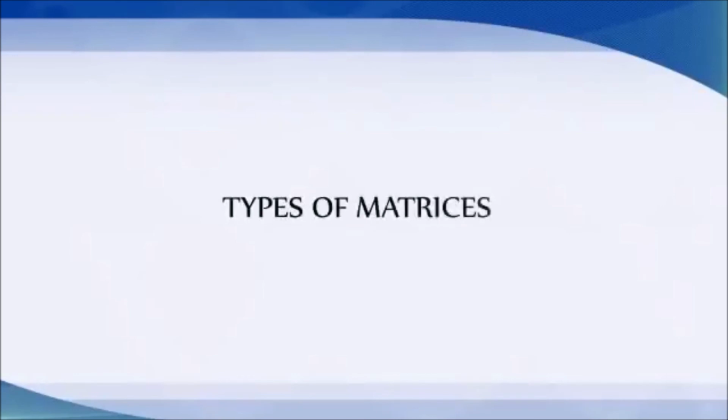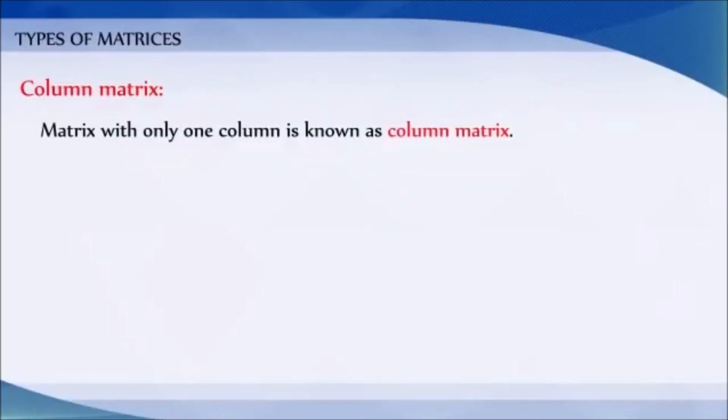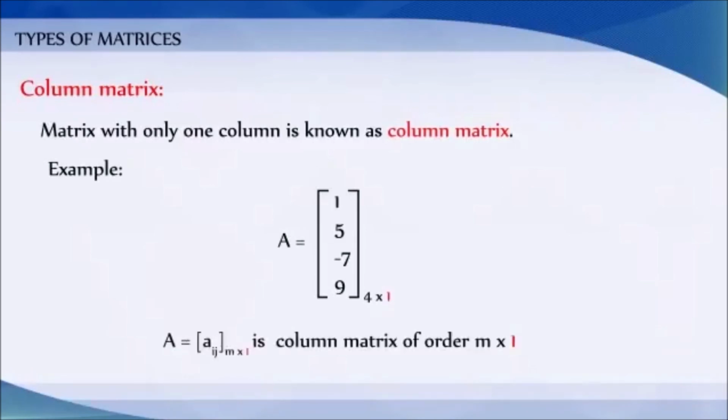Types of matrices. A matrix with only one column is called a column matrix. For example, matrix A equal to 1, 5, minus 7, 9 is a column matrix of order 4 by 1. In general, matrix A equal to bracket Aij of order m by 1 is a column matrix.